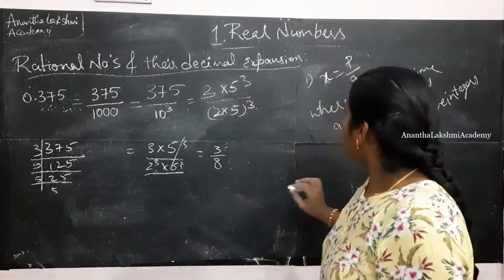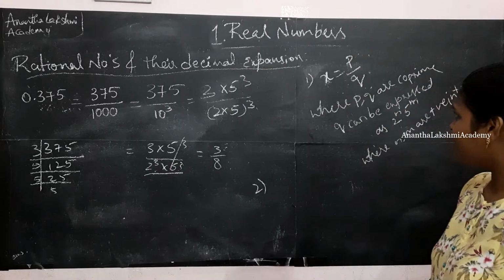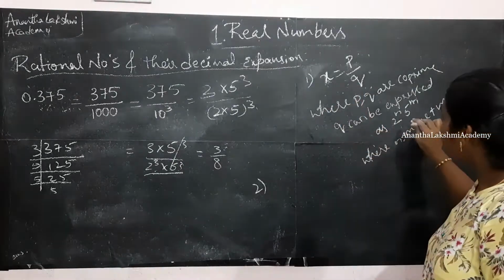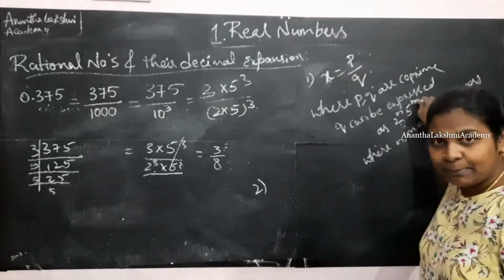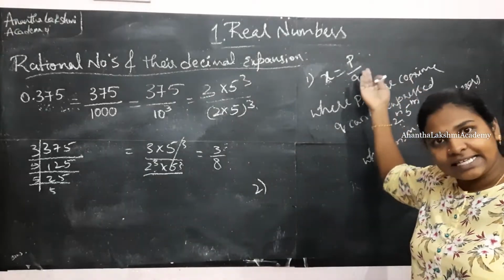The second theorem is nothing but the vice versa of this. In simple words, for a fraction whose denominator can be expressed as 2 power n multiplied with 5 power m, the decimal terminates.